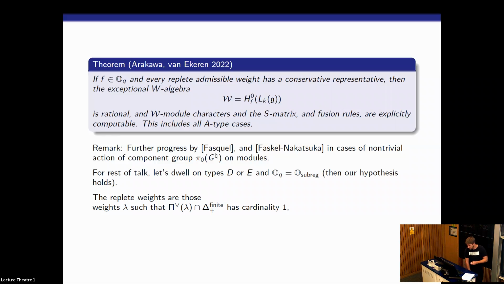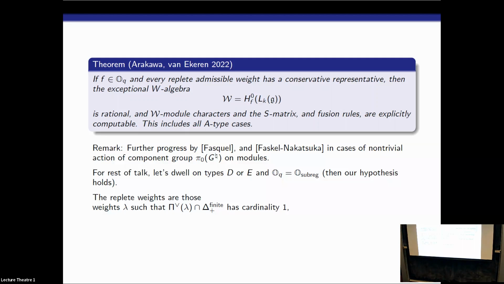So in this case, these so-called replete weights, and remember in the case of principal nilpotent, the replete weights were these ones in which the intersection with the finite root system was empty. In this case, we're interested in weights where this intersection has cardinality 1. Okay.